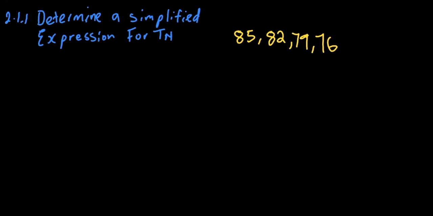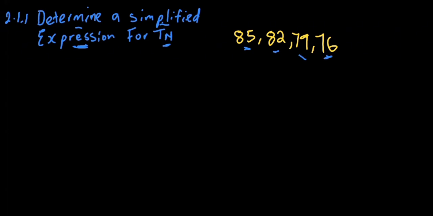So, they say determine a simplified expression for Tn. We have a sequence here: 85, 82, 79, 76.